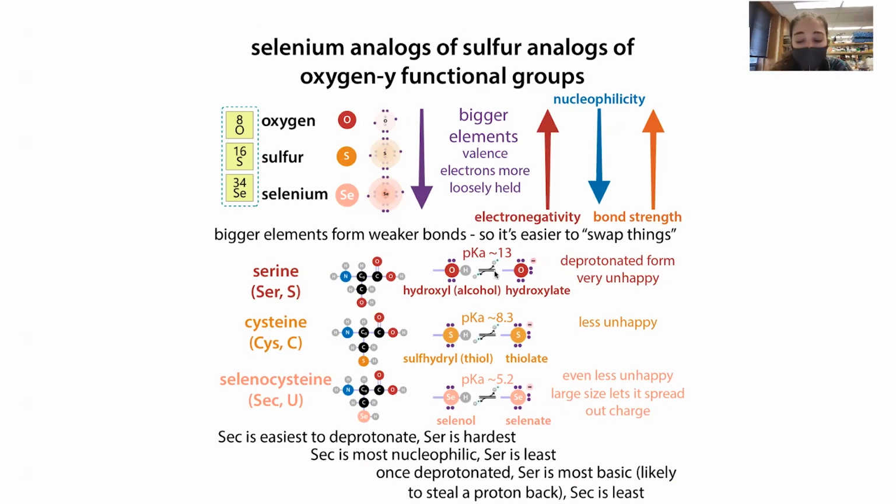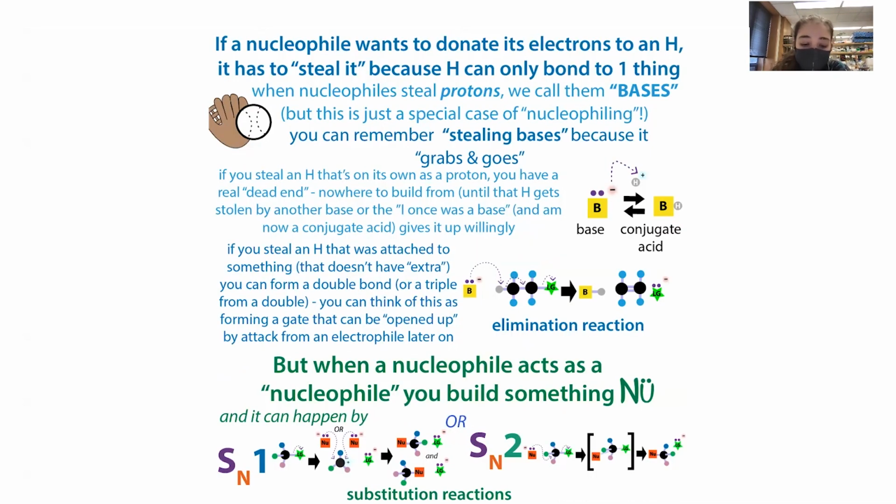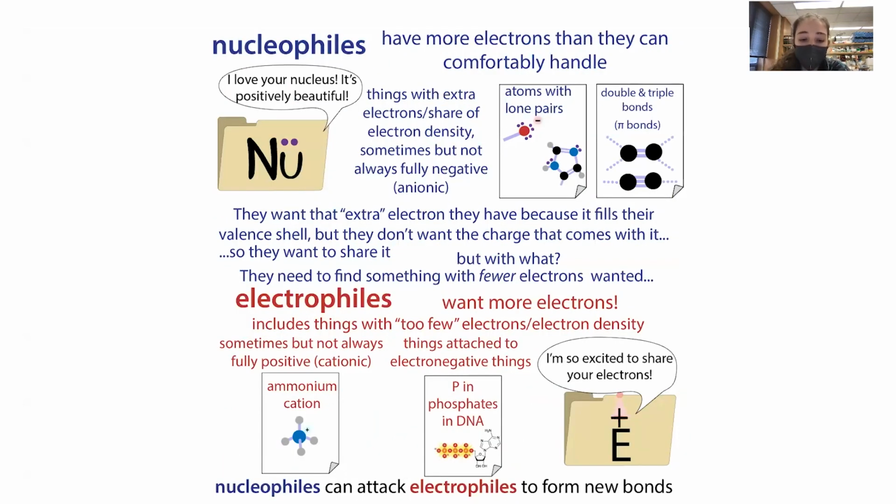There are some different terms we can use, like basicity and nucleophilicity. The most common way we talk about a base is something that steals a proton. A base is a special case of acting as a nucleophile. A nucleophile is something that has more electron density than it wants.